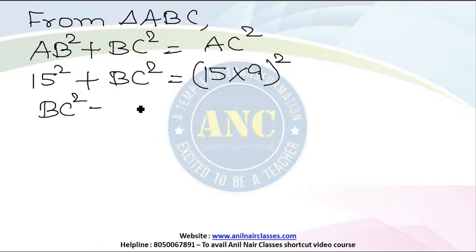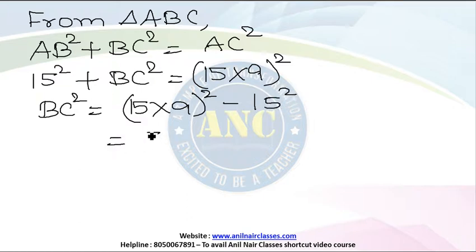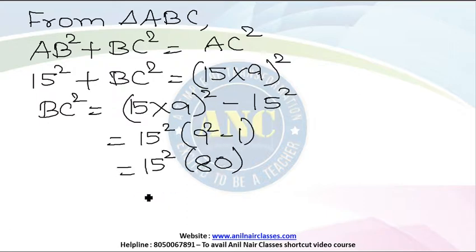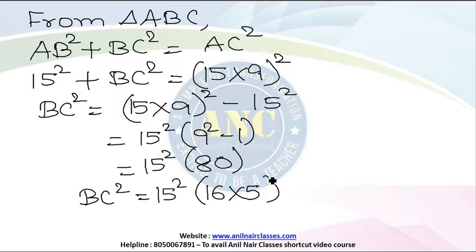So BC square will be 15 into 9 whole square minus 15 square. So it is 15 square common factor. In bracket it is 9 square minus 1. So it is 15 square into 80. 15 square into 80 is nothing but 16 into 5. This is nothing but BC square.